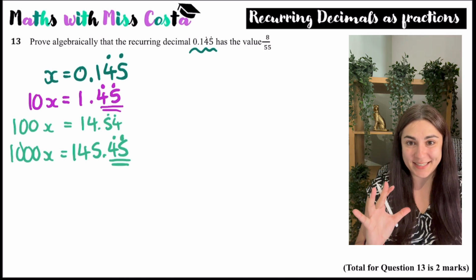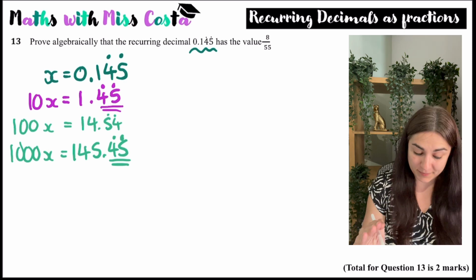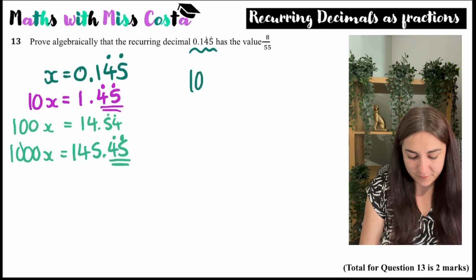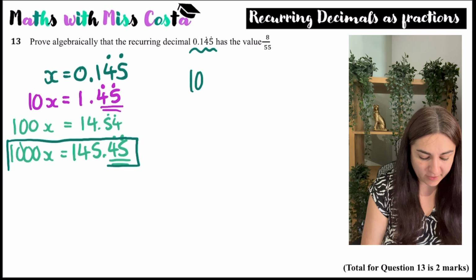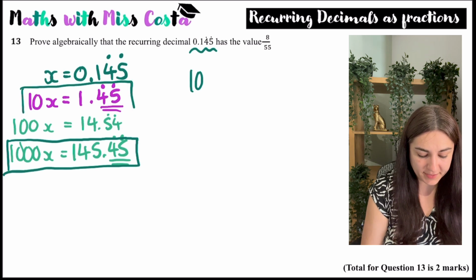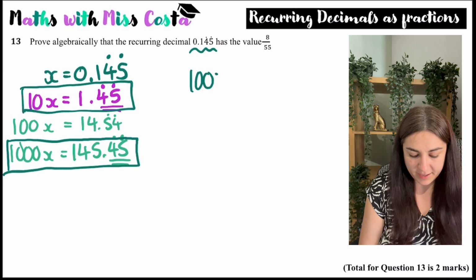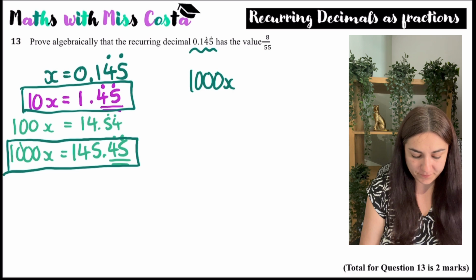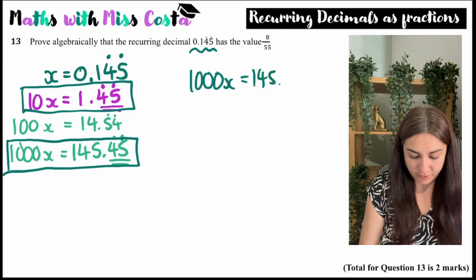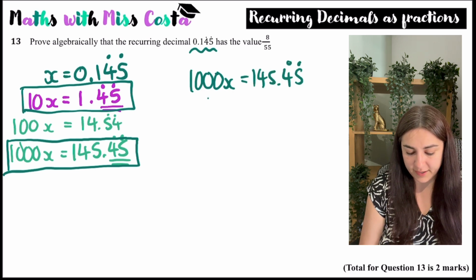And now you can see that you've got these nice bits where the bit after the decimal point is recurring, which means that if I subtract it, it will become 0. So over here, I can just circle my chosen values. I know that 1000x is 145.45 recurring. And I also know that 10x is 1.45 recurring.